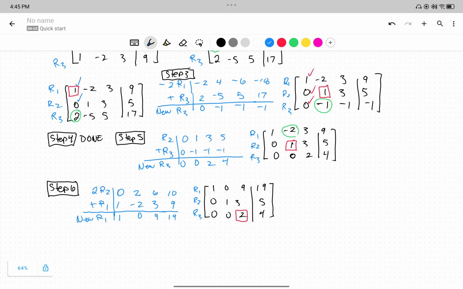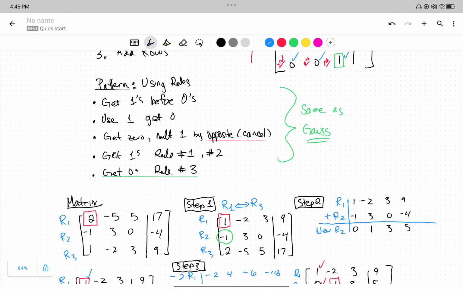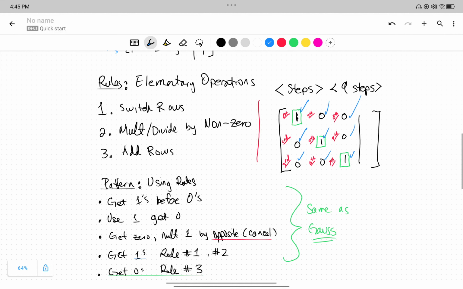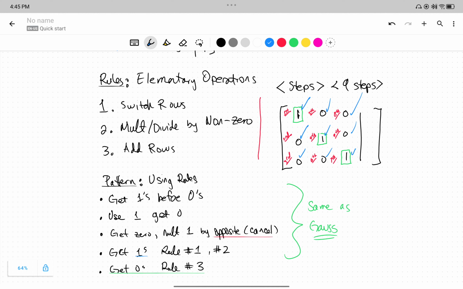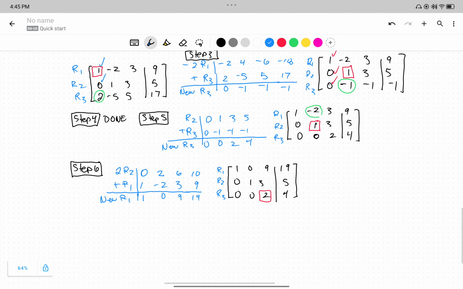Now how do you get the 1s? Well, let's go back to our little pattern over here. It says that to get the 1, you need to use row number 1 or row number 2. In other words, if somebody else has a 1, you can switch. Or, if you don't want to switch, you can multiply or divide. Since we're almost done, I don't think I want to switch anything around.